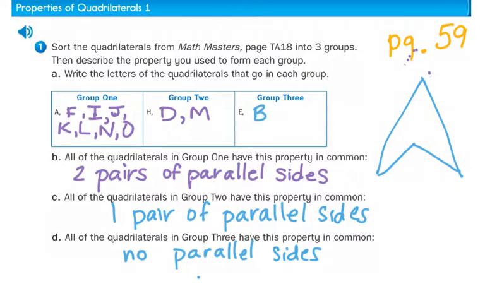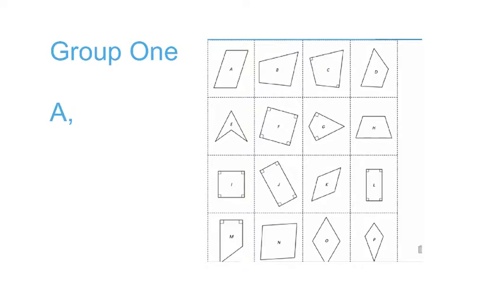Shape B, shape C, shape G, and shape P. So now that all of the shapes are back on one page, I just want to show you these are the shapes that have two pairs of parallel sides. A does, F does, this is parallel, and these are parallel.